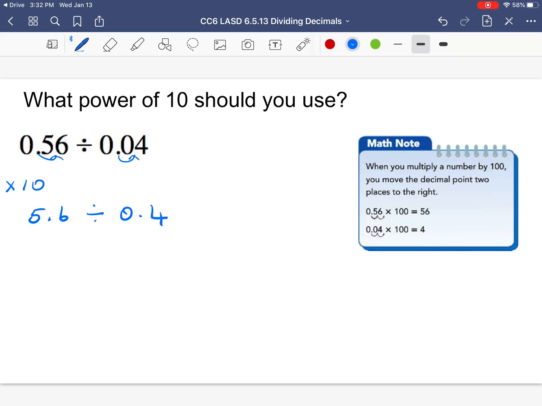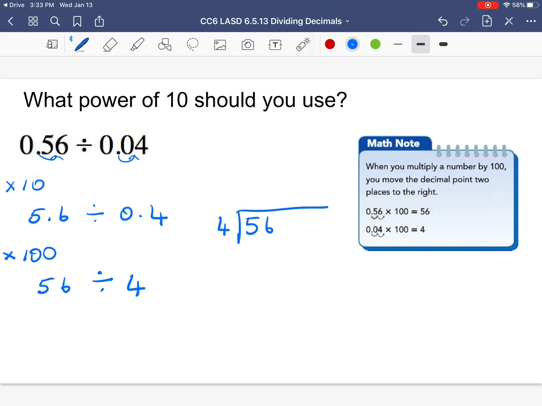Our divisor is not a whole number, so we need to multiply by a larger power of 10. I'm going to multiply by 100. 0.56 multiplied by 100 is 56, divided by 0.04 multiplied by 100, which is 4. And so now that our divisor is a whole number, we can do the long division problem.